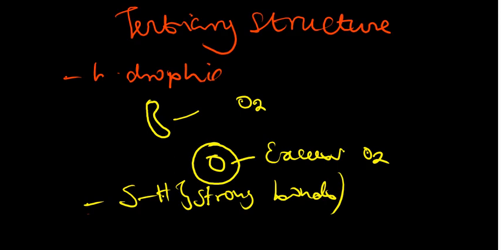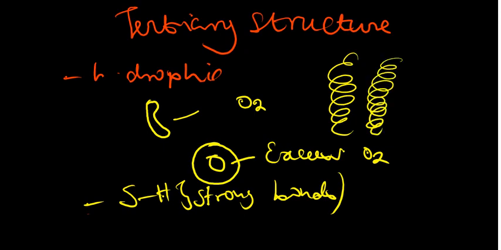Just trying to explain about the alpha helix that we're able to see through this bond. So what happens is that we have something like this, and when these begin to interact, they form what we call subunits.